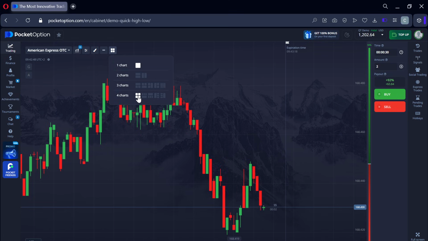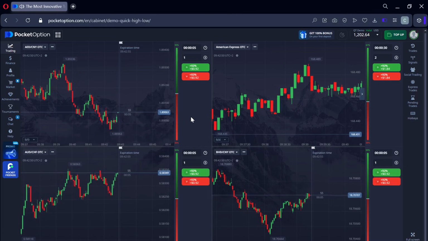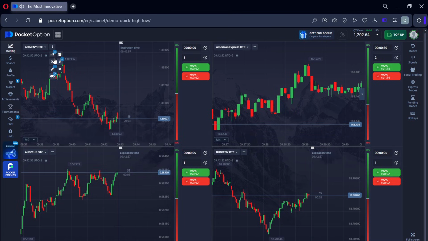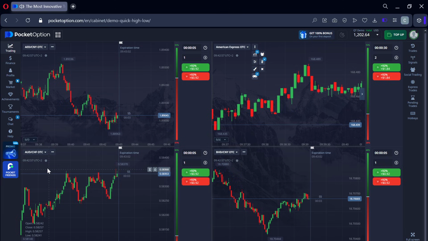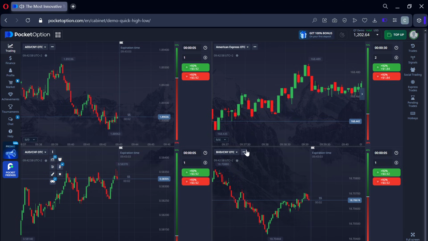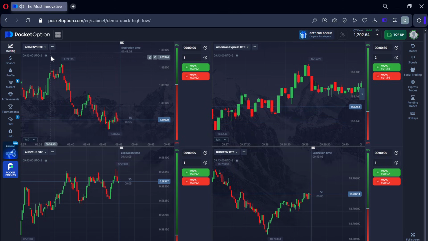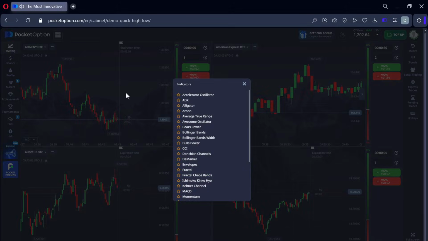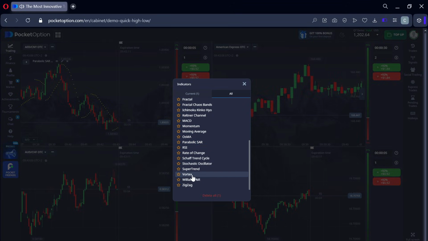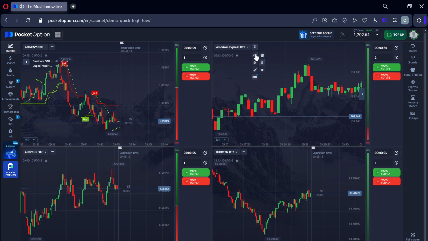What you want to be doing first is changing your charts to 4 charts. And on each of those charts, make sure that they are all on 5-second candles. If they are all on 5-second candles, then you're halfway there. Because now we need to go to every single chart and add parabolic SAR as well as super trend. You can leave the settings the same.